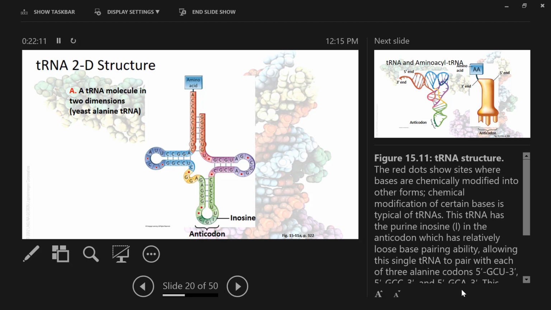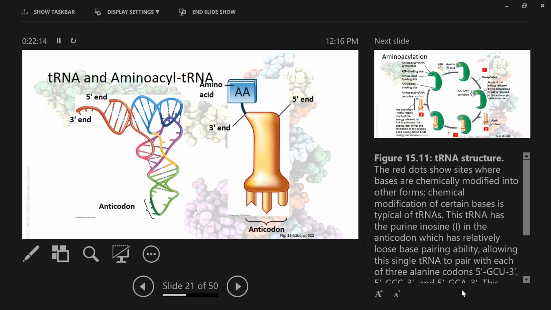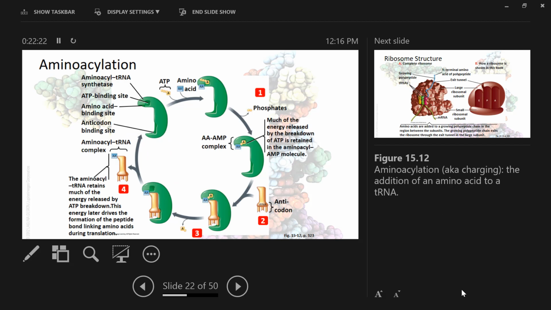Here's more of a 3-dimensional structure of tRNA with its amino acid attached to it. And here's the process of aminoacyl tRNA synthetase adding an amino acid to this tRNA. Notice in the process it requires energy to do that, but it's not charging the tRNA with energy.